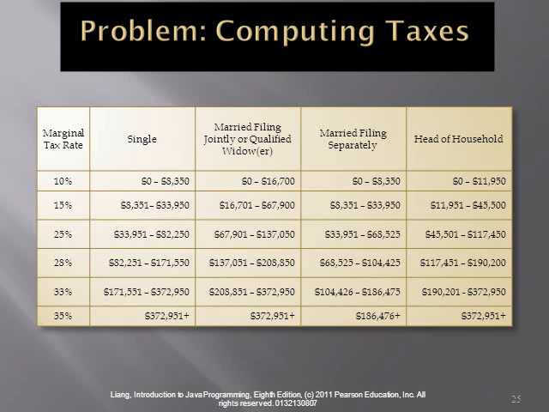So across the top of this table, there are 4 filing statuses: single, married filing jointly, married filing separately, and head of household. And down the table columns are ranges that define the tax rate given in the far left column.